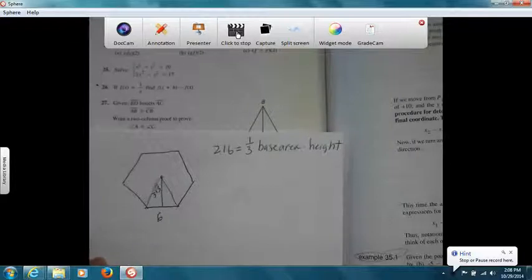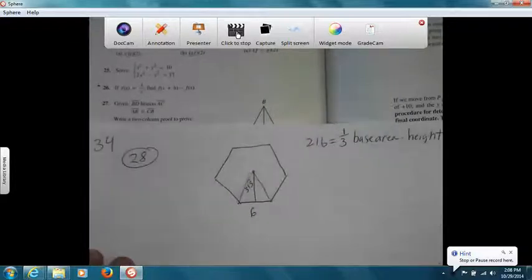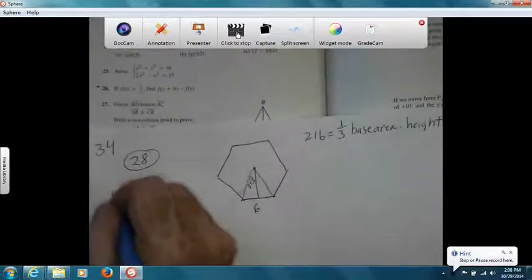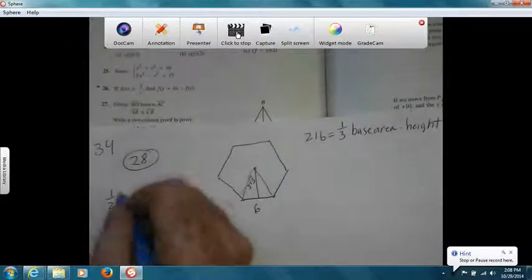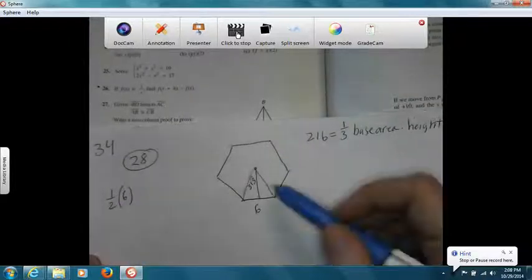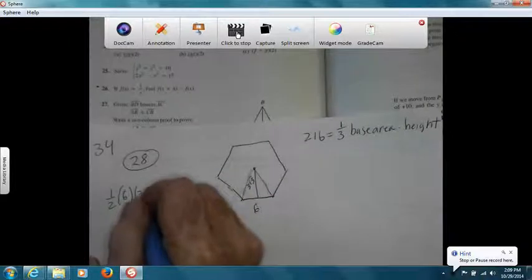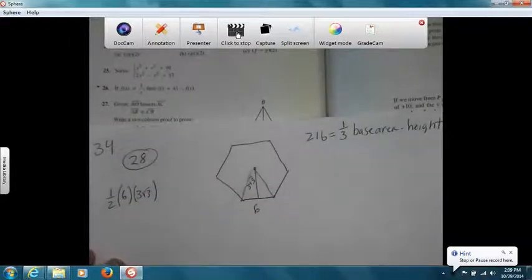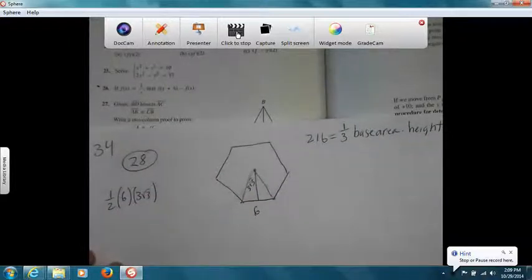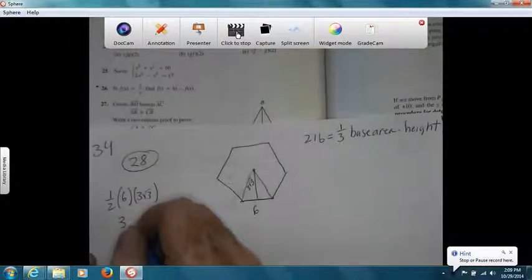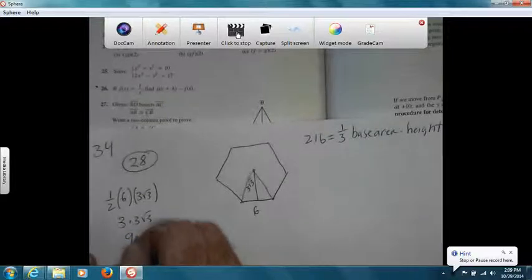The area of a triangle is 1/2 times base times height. The base is 6, and the height is 3 root 3. 1/2 of 6 is 3, so I've got 3 times 3 root 3, which gives me 9 root 3.